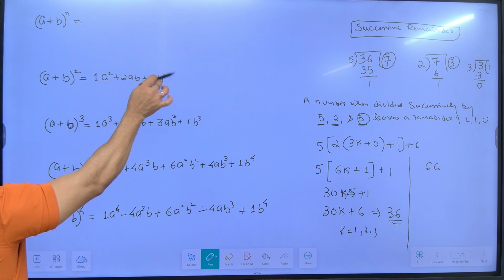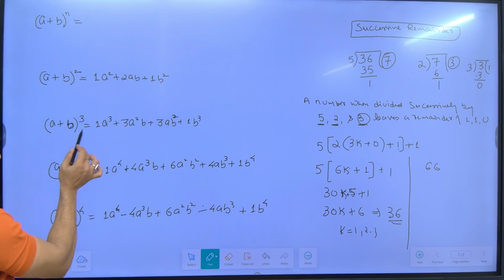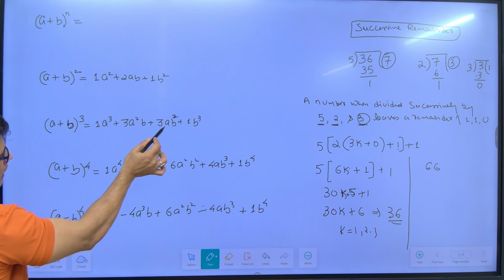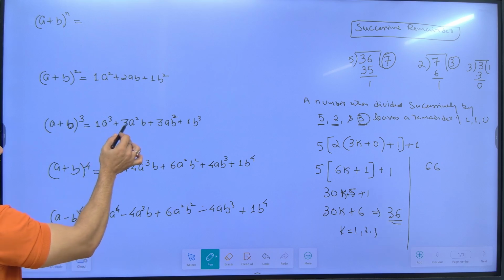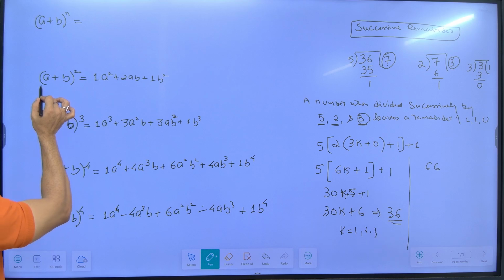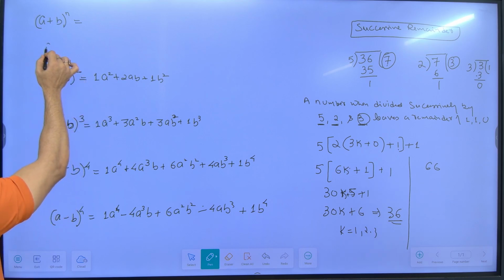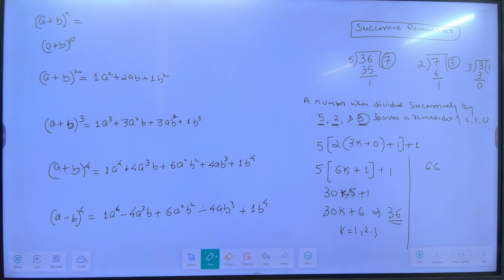In a plus b whole cube: a cube, a square, a, and b raised to the power 0, 1, 2, 3. So they alternate, right? Can I say whenever I have, let's say, a plus b raised to the power 10, whatever it is, it will always alternate, right?